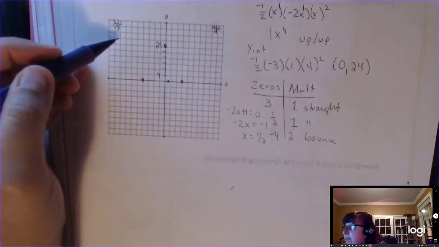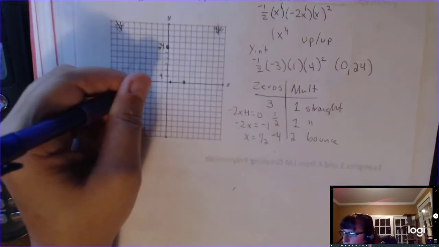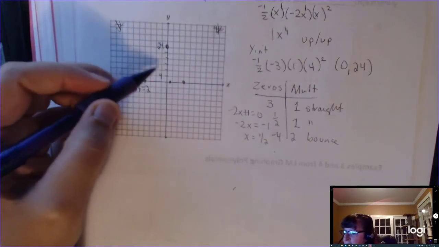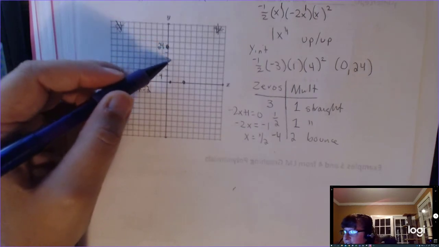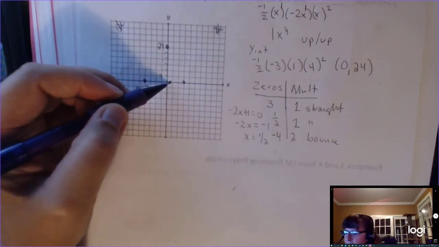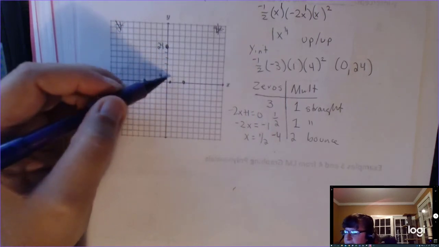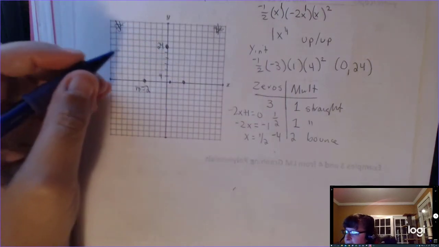So that means I'm going to have to start up here, and when I get to negative 4, I've got to bounce because the multiplicity is 2. And the next thing I have to get is this. Ooh, this is going to be tricky because you have the y-intercept here, then you've got to turn around and get all the way down to this 1/2. At least it's straight through. So it's going to be very steep here. And then you're going to turn around and go straight through these.